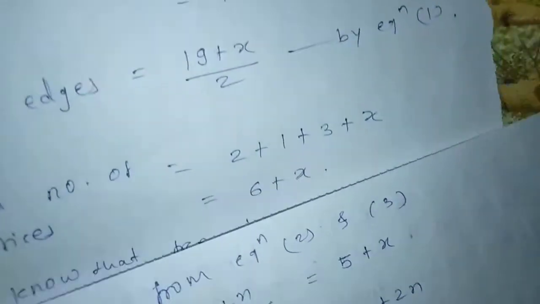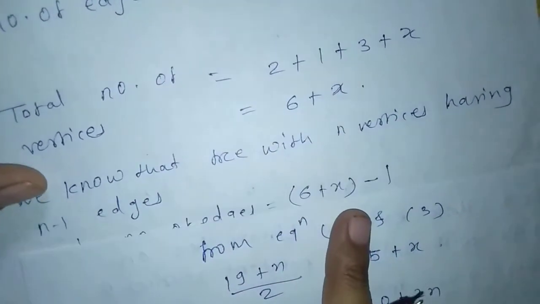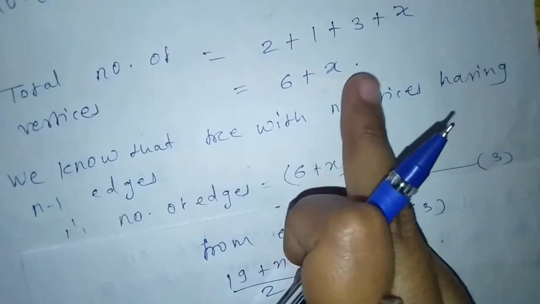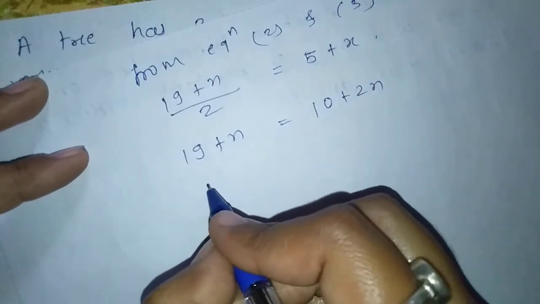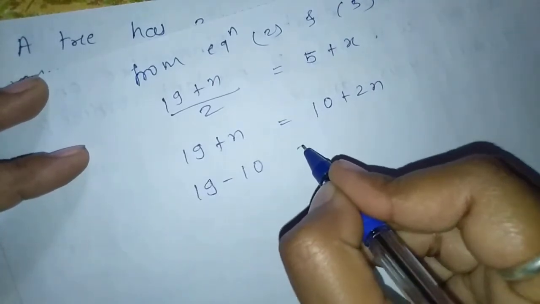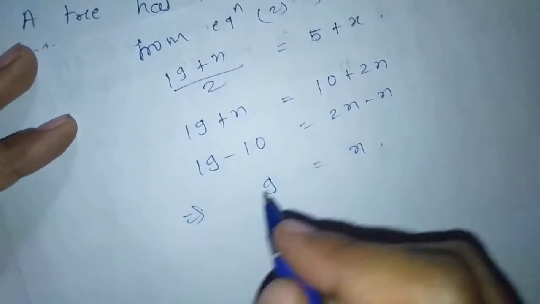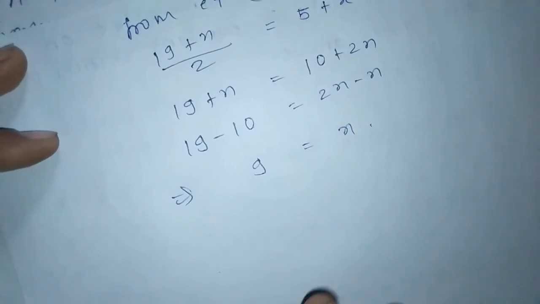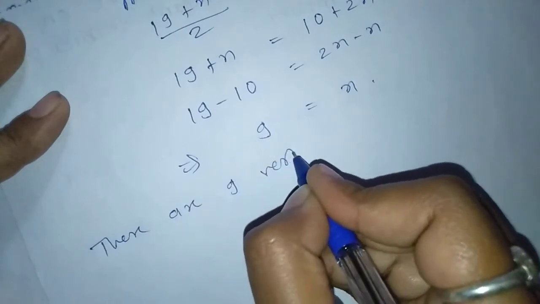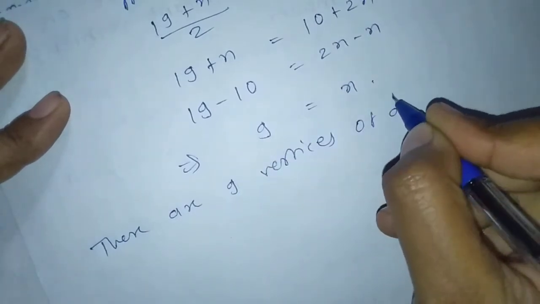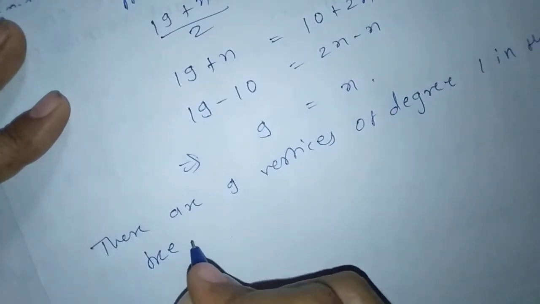Number of edges is equal to 19 plus x upon 2, and total number of vertices is equal to 6 plus x. Now 19 plus x is equal to 10 plus 2x, means 19 minus 10 is equal to 2x minus x, which implies 9 is equal to x. So there are 9 vertices of degree 1 in the tree. Okay.